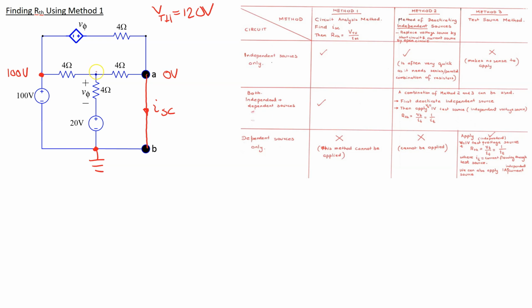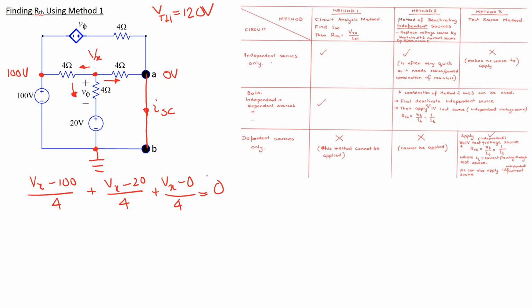So we are only left with one essential node where the voltage is not known. Denote that by Vx and assume branch currents are flowing away from the node. We can now write the Kirchhoff current law equation here. So this gives (Vx minus 100) over 4 plus (Vx minus 20) over 4, and through this last resistor, (Vx minus 0) over 4 is equal to 0.